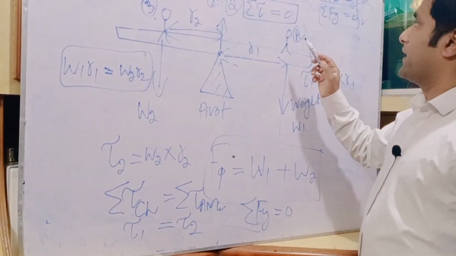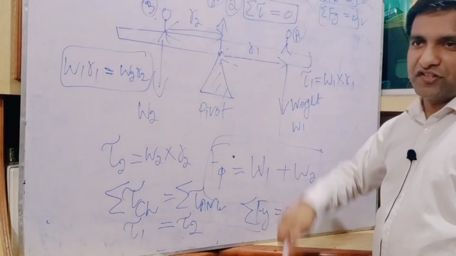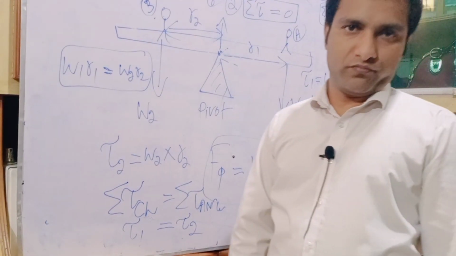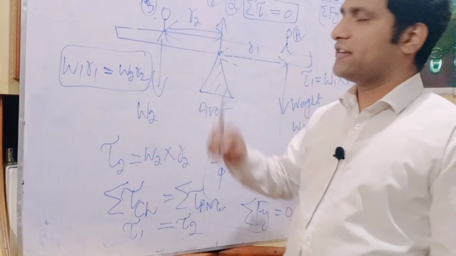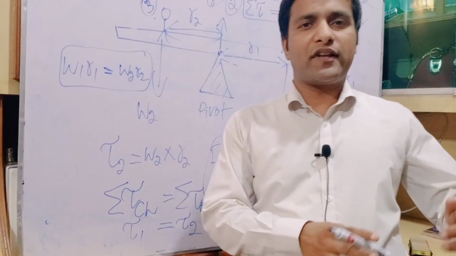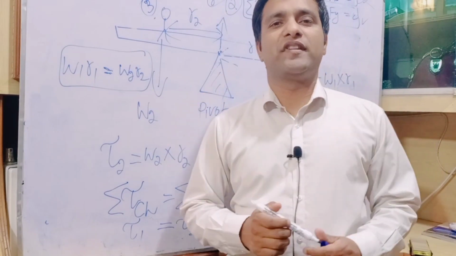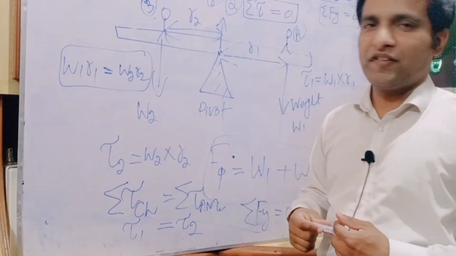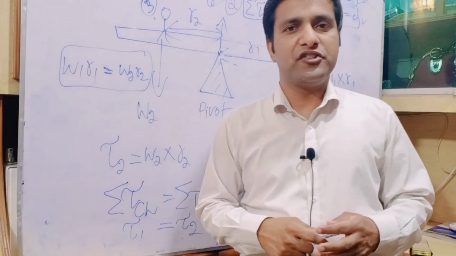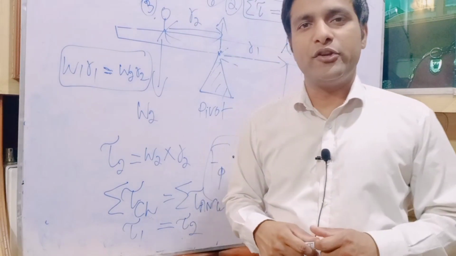The second condition is that the sum of all the torques is equal to 0, or in other words, the algebraic sum of all the clockwise torques is equal to the algebraic sum of all the anti-clockwise torques. So these are the first and second conditions of equilibrium. I hope you have understood this concept.